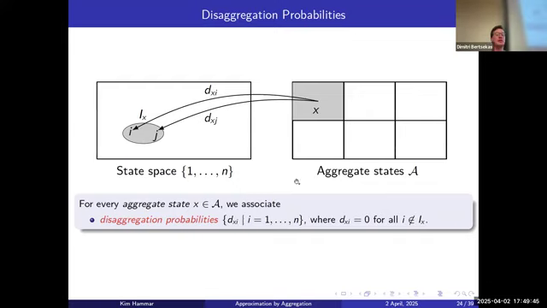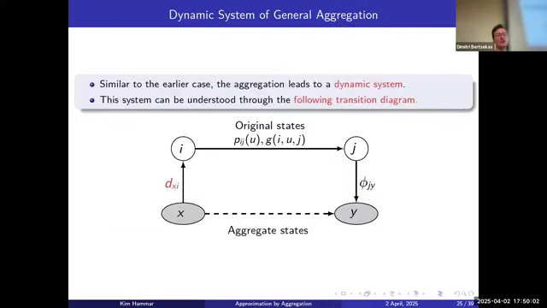And that transition dynamics is then defined with the disaggregation probabilities down here, which we denote with d_xi. And with this, equipped with these disaggregation probabilities, we then obtain the following dynamical system, very similar to before. The main difference now is this vertical arrow going up from the aggregate state to an original state.